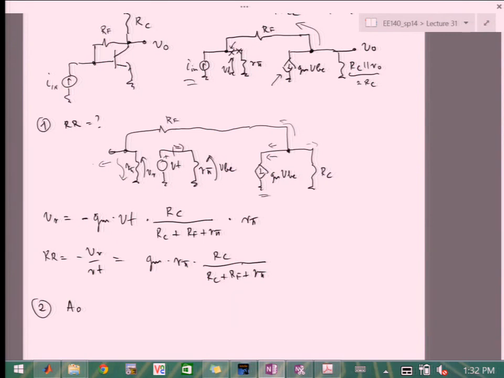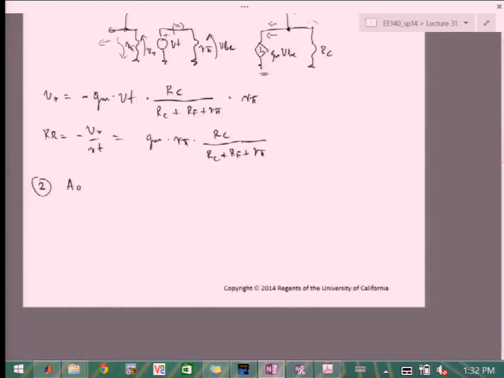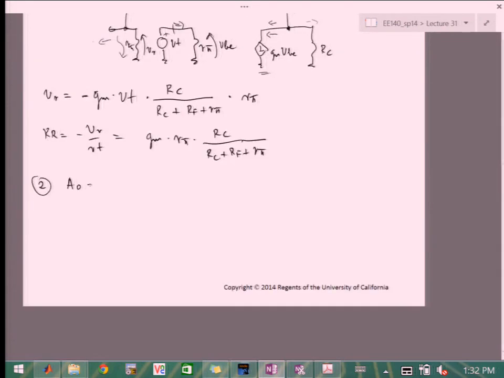So we null the controlled source, and we're only looking for the feed-forward path from the input to the output. So again, A0 is VO, well, in this case, it will be versus I in. So the output voltage versus input current for GM equals 0.